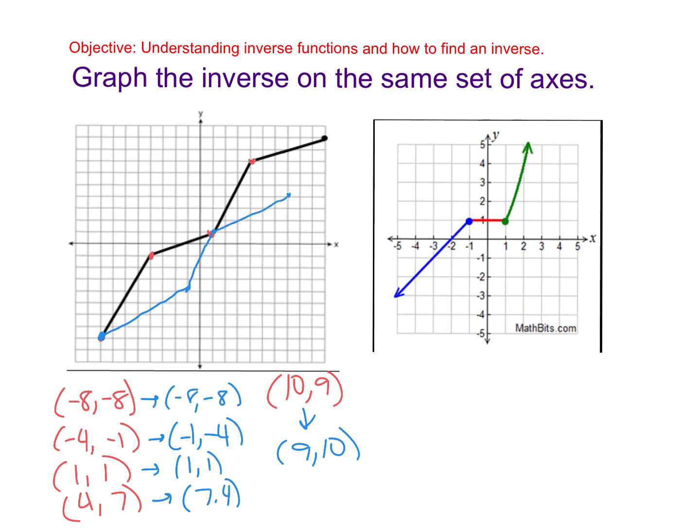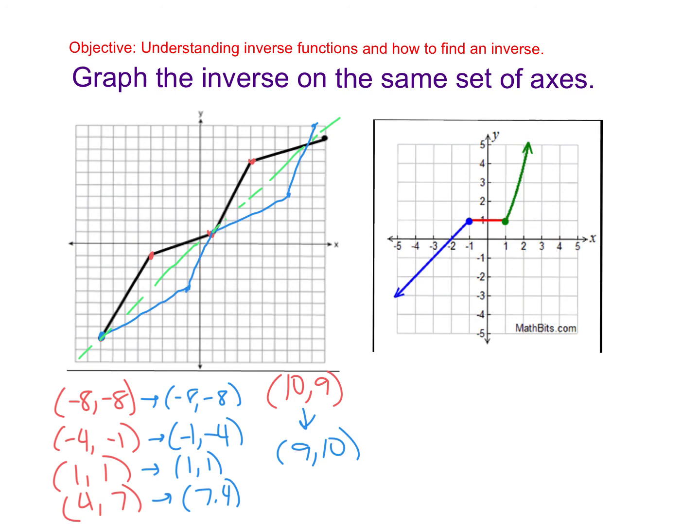And 9, 10. So that should look kind of familiar. What do you notice? It's actually a reflection. If you folded this thing in half, right? It's very symmetric, right? If you folded it in half, they would actually overlap.